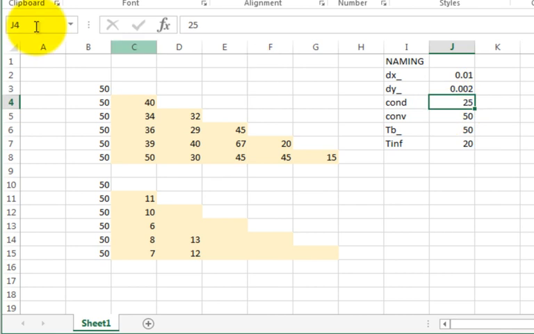I didn't hit return, did I? COND, hit return. Now when I pull down, it's a named parameter. Okay, let's do T infinity. TINF, hit return, and when I pull down, it's up there. Did I leave off any that I need?